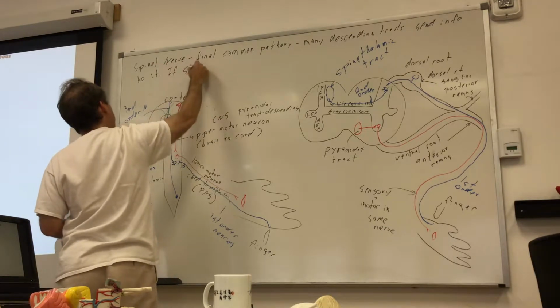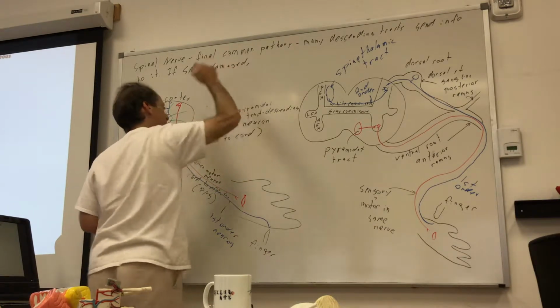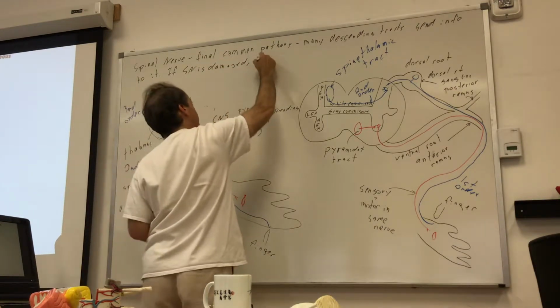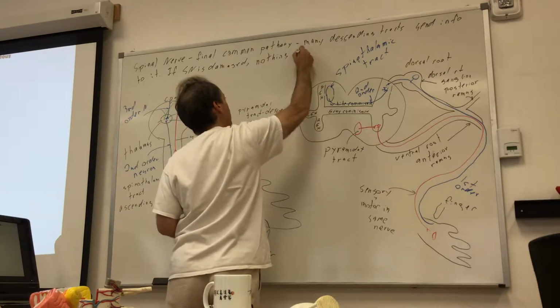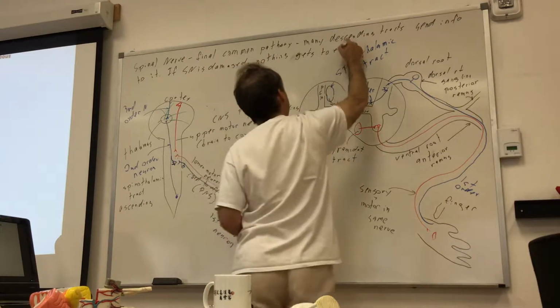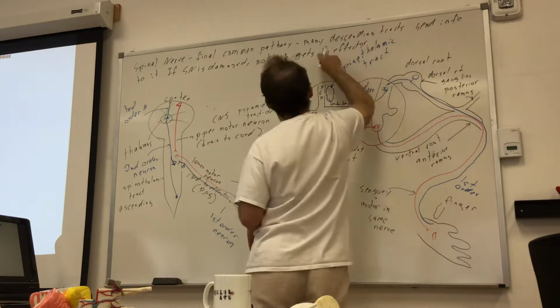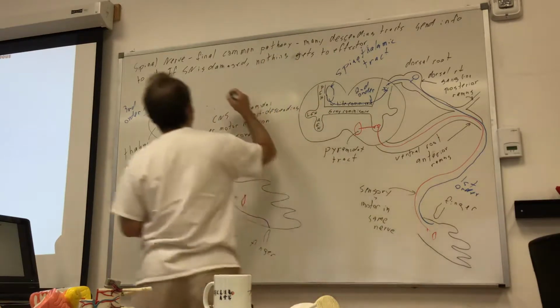If the spinal nerve is damaged, nothing gets to the effector. Nothing gets to the effector, and you have something called flaccid paralysis.